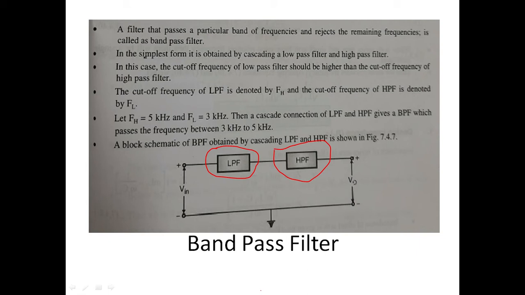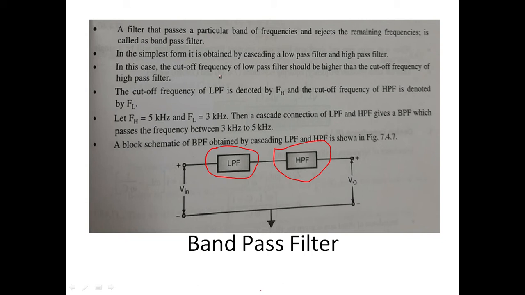In this case, the cutoff frequency of the low pass filter should be higher than the cutoff frequency of the high pass filter.